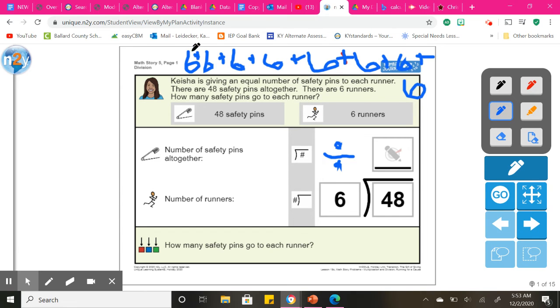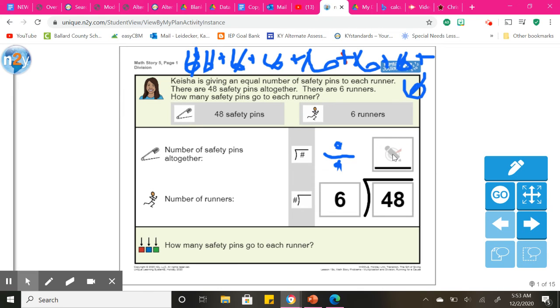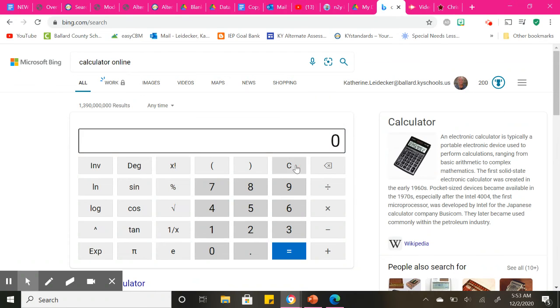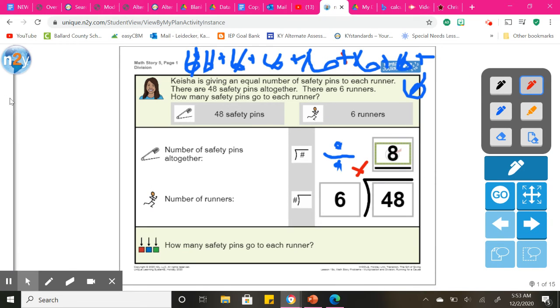So I know that 1, 2, 3, 4, 5, 6, 7, 8. 8 sixes can go into 48. And then I can check it by knowing that 8 times 6 is 48. So let's check that. 6 times 8, so I'm going to clear this. 6 times 8, and it should be 48, and it is. So that's what I mean by it's kind of like multiplying backwards.